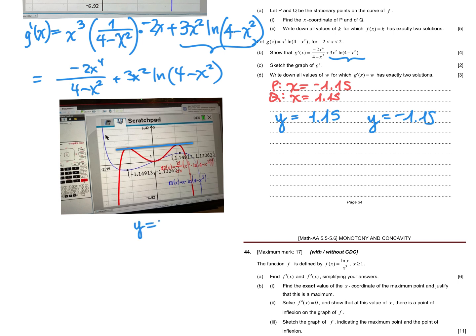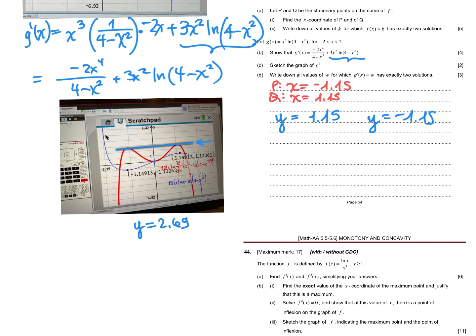So at y equals 2.69, that's this line here. And then if we find the minimum, we get 0, 0.